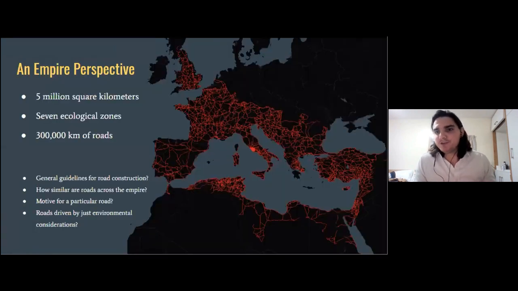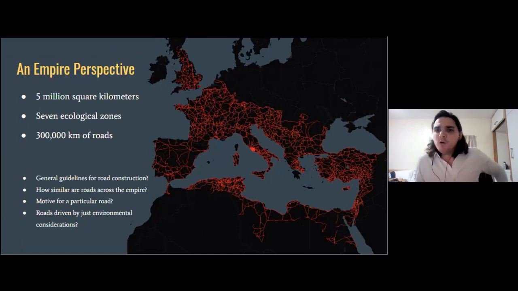So I thought it'd be good to start by taking an empire-wide perspective. The Roman Empire at its peak, AD 98 to 117, spanned roughly 5 million square kilometers and included 7 different climatic zones and a multitude of local landscapes.